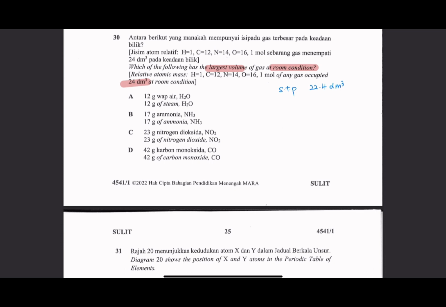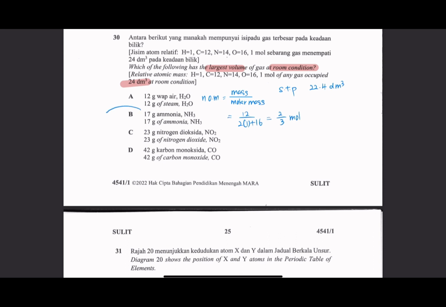So A, 12 gram of steam, the number of moles is mass divided by the molar mass. Molar mass, okay, H2O, we have 2 H and 1 O. Two over 3 mole.